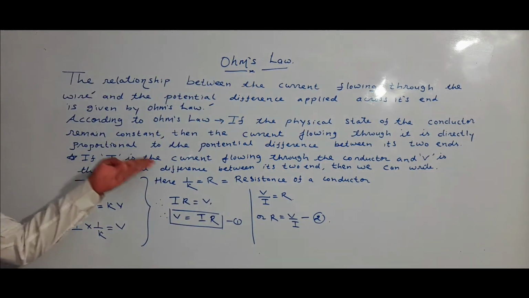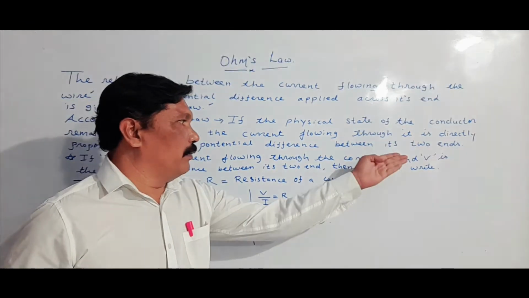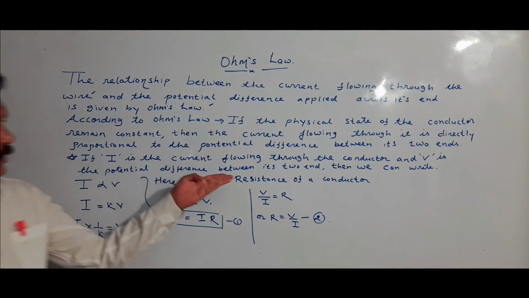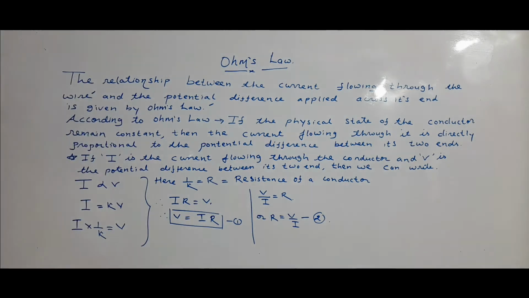If I is the current flowing through the conductor and V is the potential difference between its ends, then we can write: current is directly proportional to potential difference.